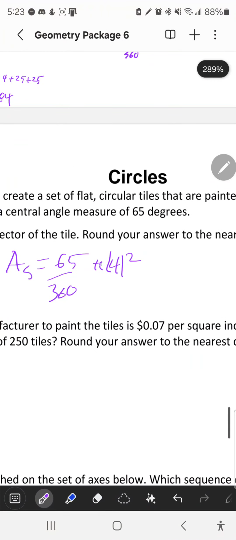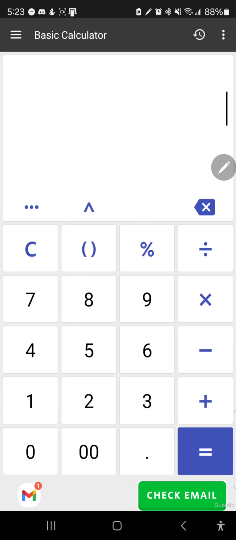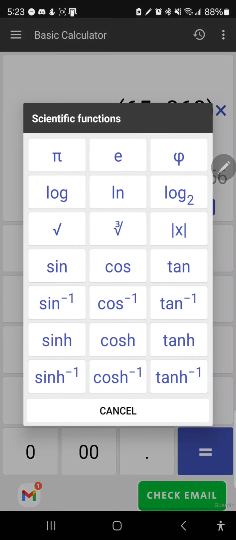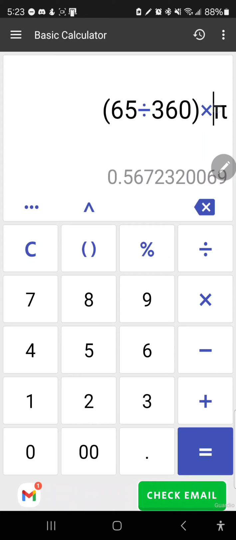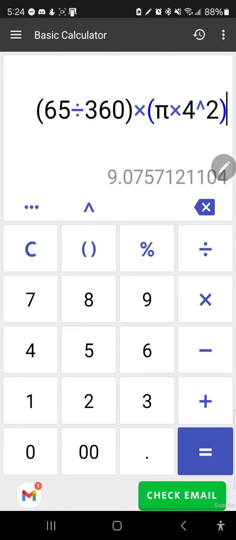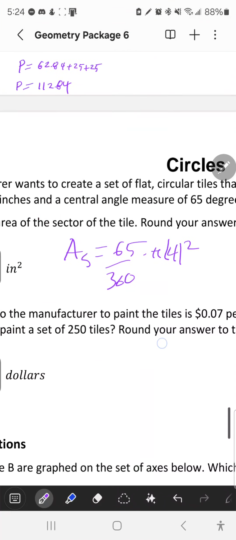So we go to our calculator, and that will be 65 over 360 times pi r squared, so 4 squared, and that's approximately 9. Let me see, we have to round it to the nearest square inch.